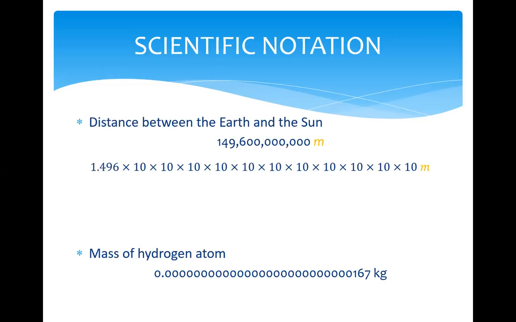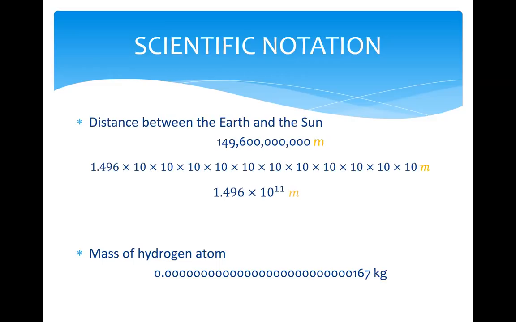But what I want you to notice is that, because I'm factoring out by 10, I've got 1, 2, 3, 4, 5, 6, 7, 8, 9, 10, 11 powers of 10 that I factored out. And by using this scientific notation, I can rewrite that number in this fashion.